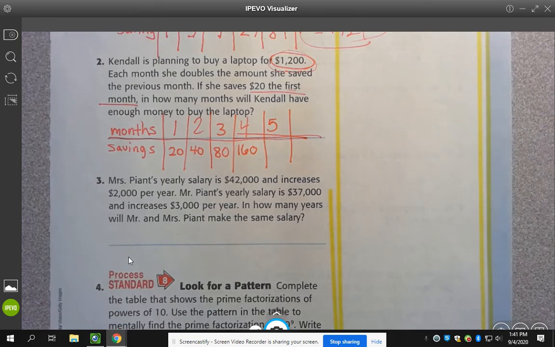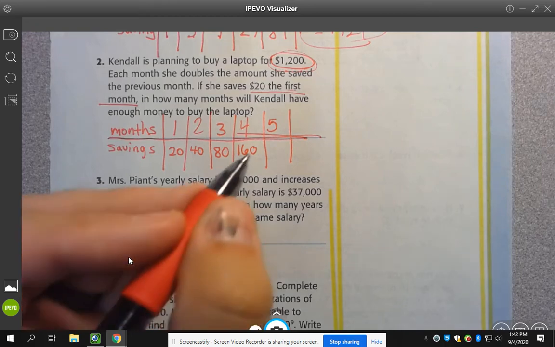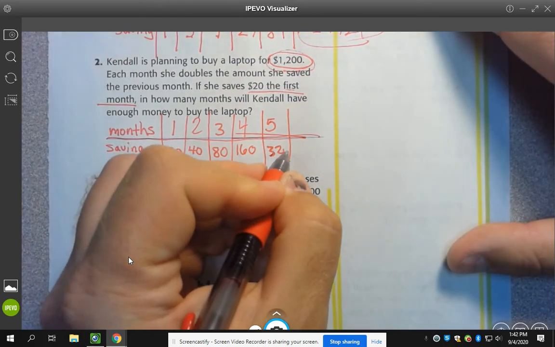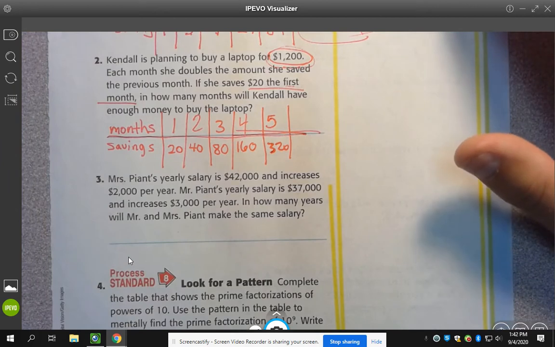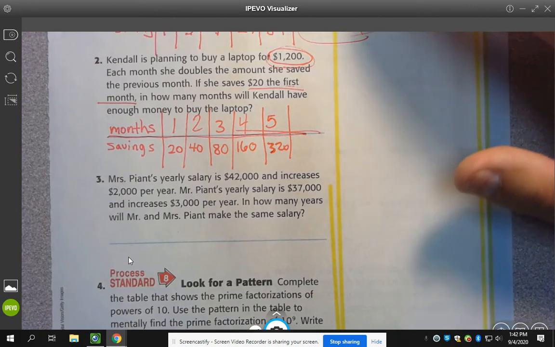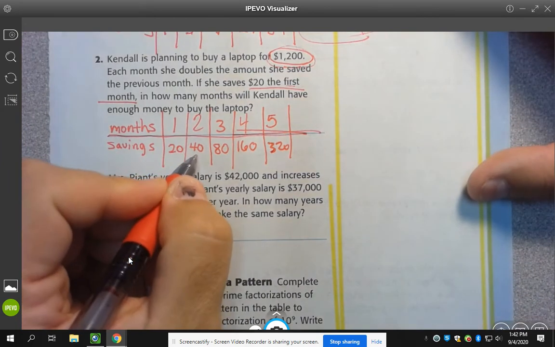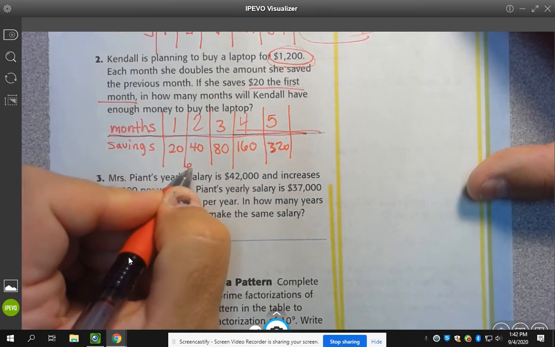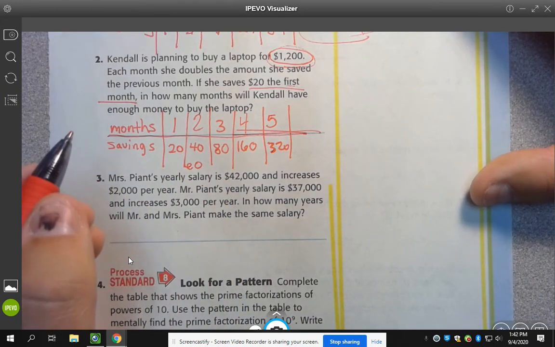Ireland? Huh? Not 200. 320. Let's add this up and see if we're getting close to 1,200 bucks yet, okay? So what's 20 and 40? What's 60 plus 80?